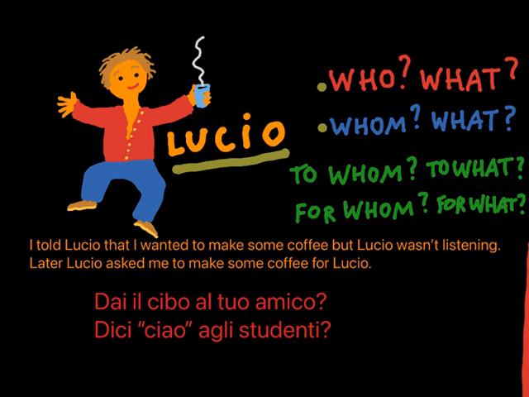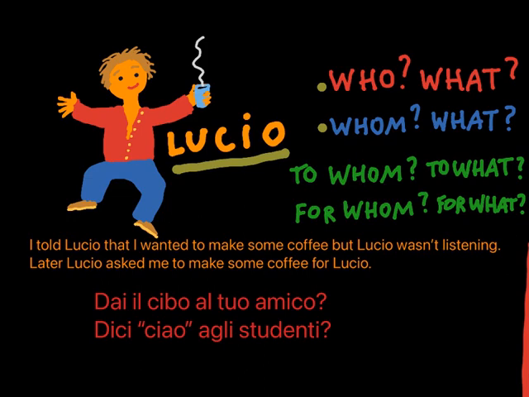Note that the subject will answer to the question who, or let's say he wants some coffee. He is the subject. Why? Because it does something. What does it do? It wants. And then, I see him. Who sees? I do. That's why it's the subject. Whom do I see? I see him. That is why it's the direct object.